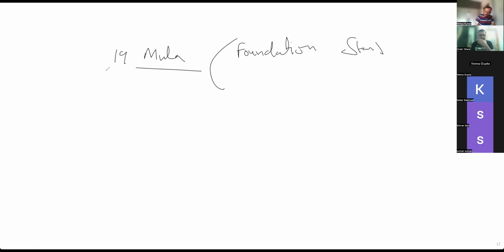Okay, so why do we say this is a foundation star? You know what? This is the nakshatra from where the Srishti actually started. Can you believe that? The Srishti started from here. You'll be astonished to understand the qualities of this nakshatra.